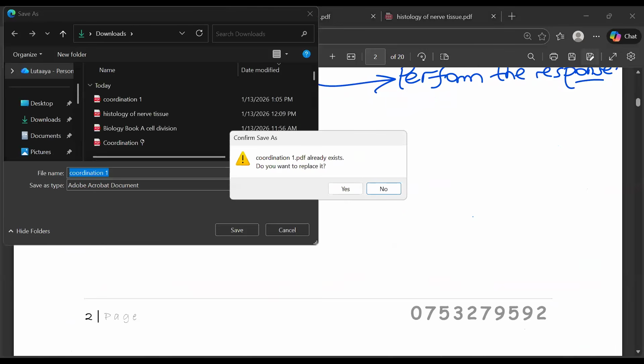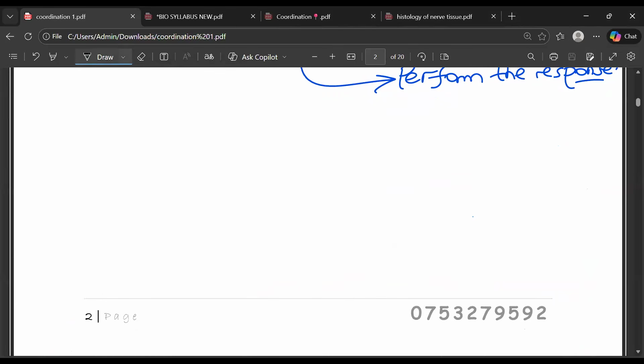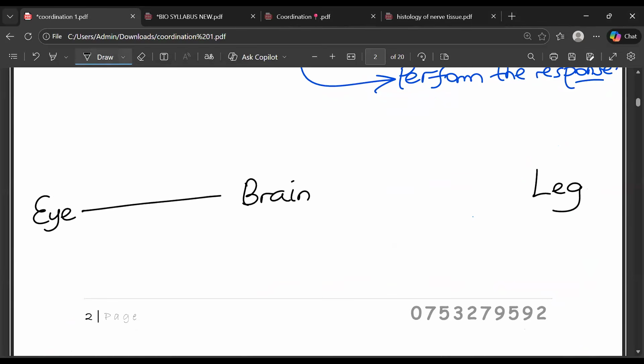What am I saying? I'm saying that this brain is in the center here. Then on this side, I'm having the eye. Then on this side, I'm having the leg. And we are moving like this. I want you to follow. This brain is at the center.